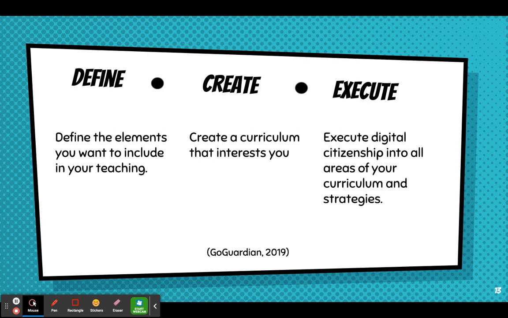This is a lifelong process. We will always be learning more about the internet and digital citizenship. So we need to find something that is interesting to us, because we know that when we are learning, our teaching is better. So we are learning alongside our students, and then execute digital citizenship into all areas of curriculum and strategies and life. You have to practice what you preach, and walk the walk, not just talk the talk yourself.